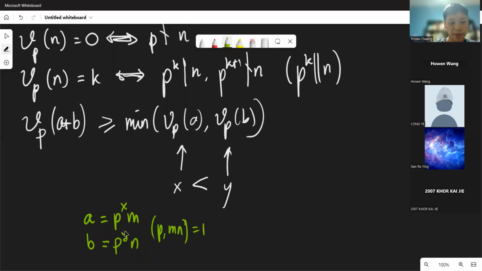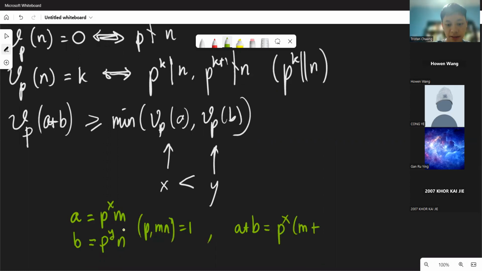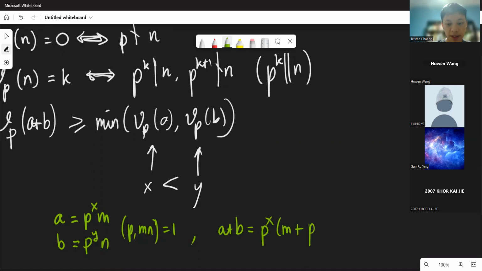Now what can we say about a plus b? Well, we can factor a p to the x outside, and then what's left? We have m plus p to the y minus x times n. y is strictly more than x.